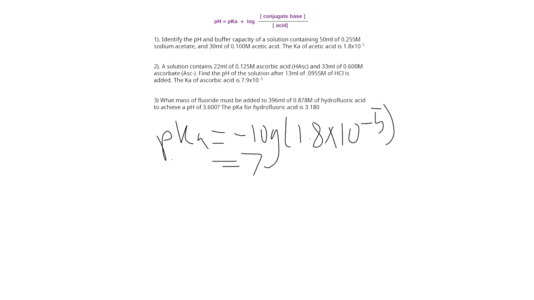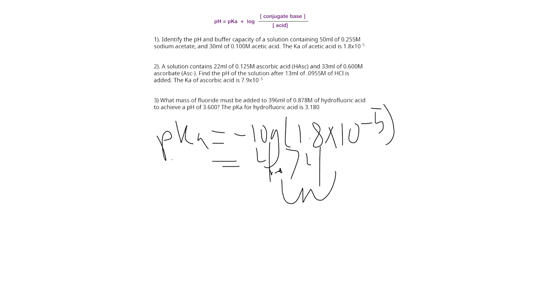And if you guys don't know how to do sig figs for log rules, I'll show you in a second. The Ka is reported in two significant figures, and so that significant figures amount is going to be reflected after the decimal point. I don't know if that makes sense.